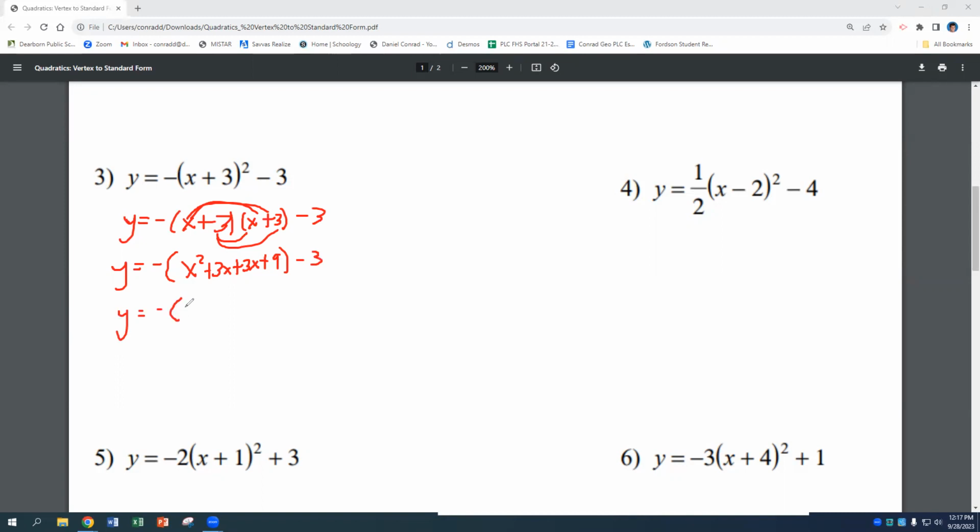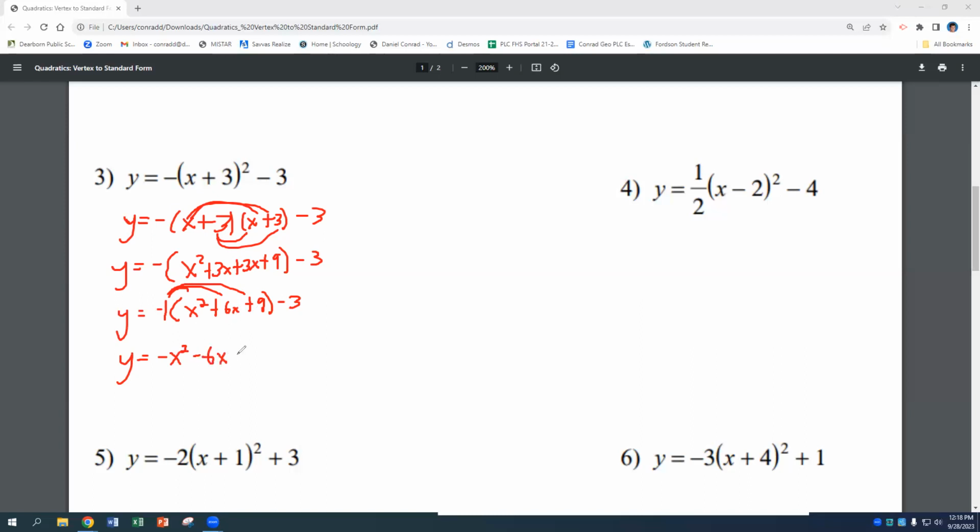So I'm going to simplify this to x squared plus 6x plus 9. Okay, and now that I've simplified this, now I can distribute the negative. So there's a -1 out here. And I'm going to distribute that -1 to each of the terms inside the parentheses. So -1 times x squared is -x squared. -1 times 6x is -6x.